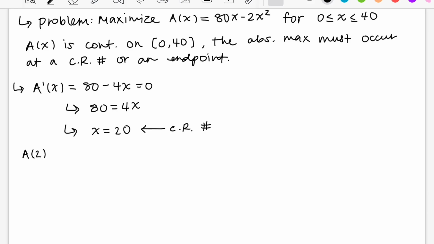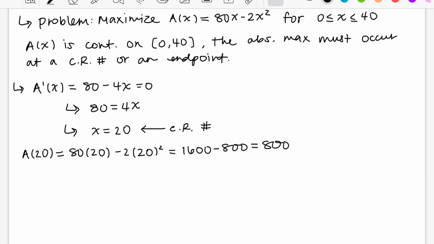So evaluating this at our critical number here, we're going to get 800. Then evaluating our function at 0, we're going to plug 0 in for our x value, so we just get 0 here. And lastly, we're going to evaluate our function at 40.